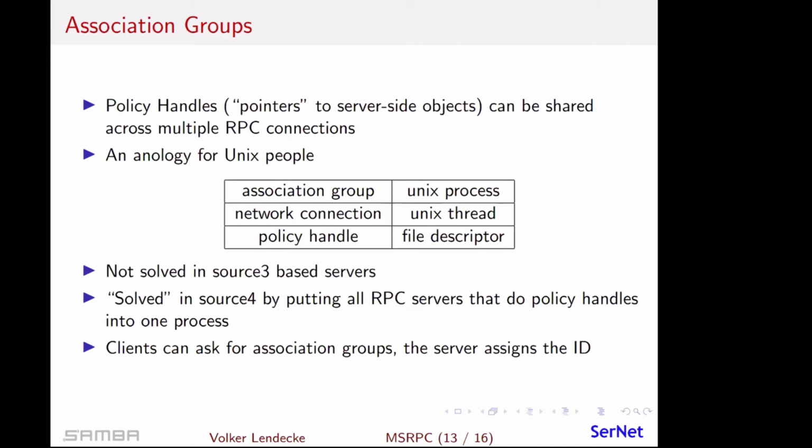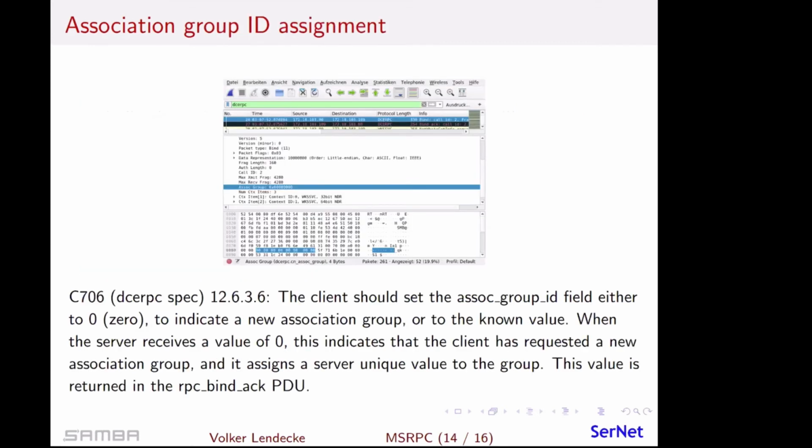And how does this work? What do I have here? It's the bind packet from the previous display of the Wireshark trace, just looking at the bind packet where the client to server packet says, hey, association group 0.